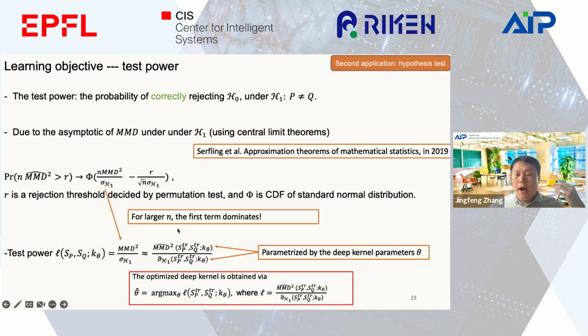Finally, we can obtain the optimized deep kernel by maximizing the test power on the training data. Then the two-sample test will have a very powerful testing ability with this optimized deep kernel.